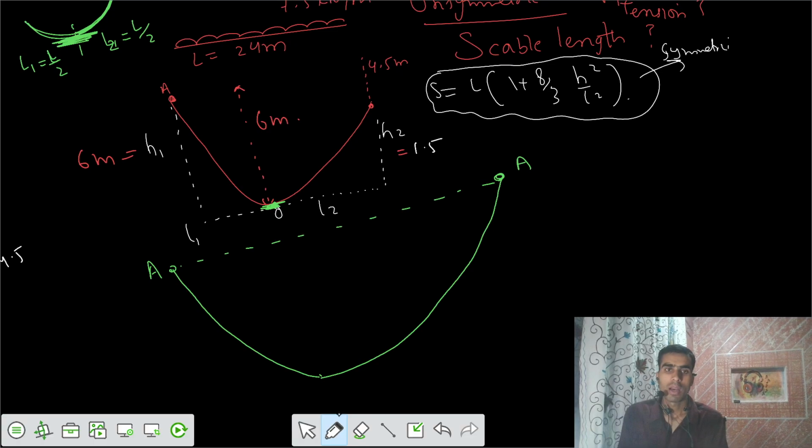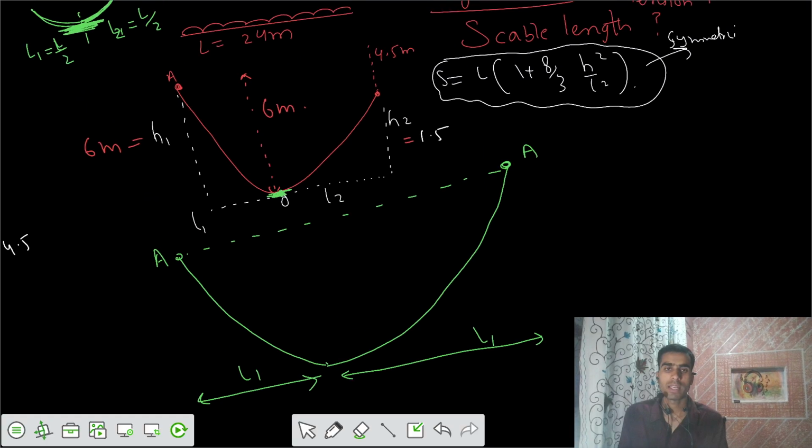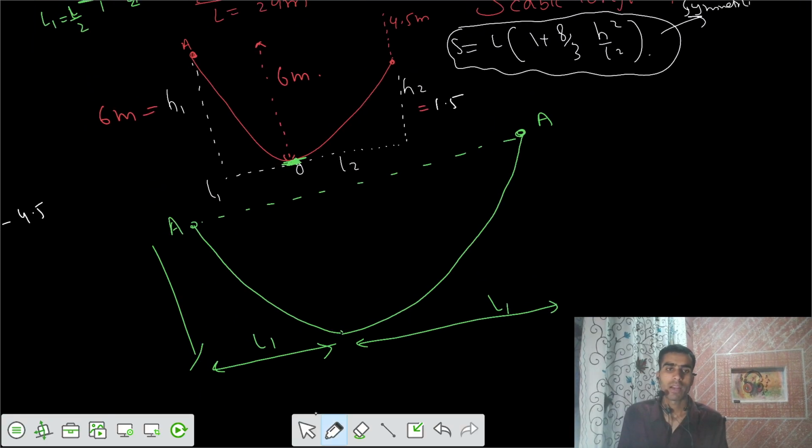There was some length L1 and some length L1 also, such that both lengths are the same. And the sag here was also the same, H, and the sag here was also the same.